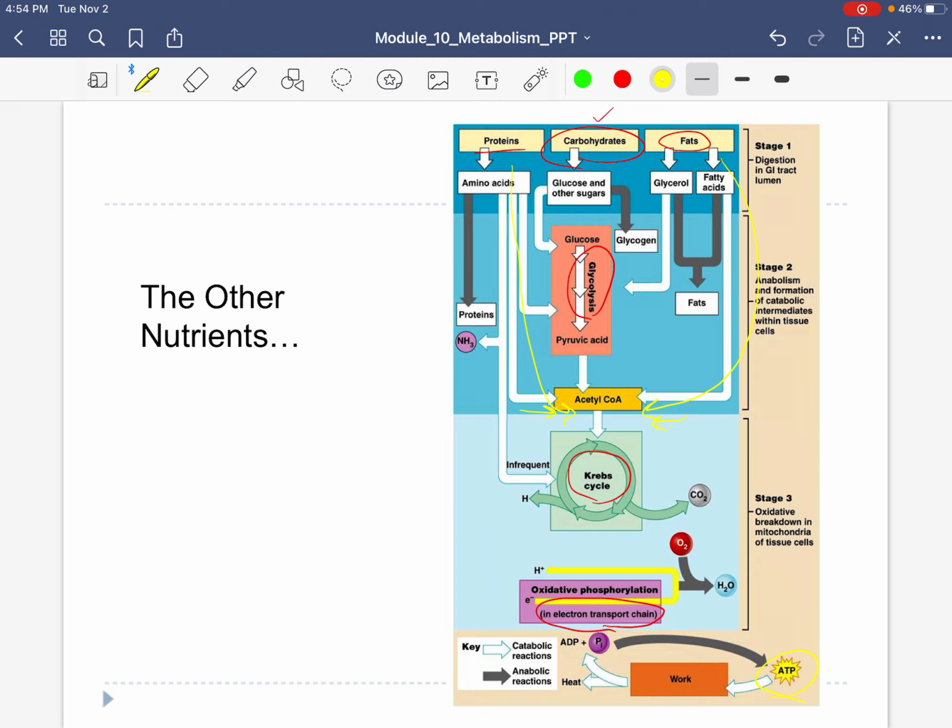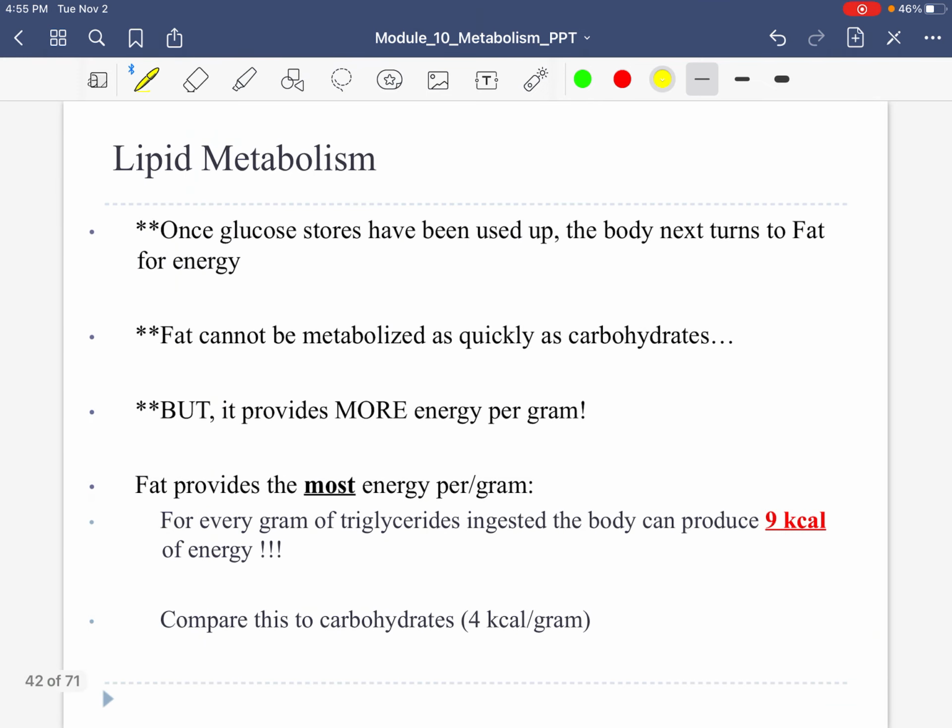But then the end result is the same. So it's basically the same remaining steps. Fat and protein have their own beginning steps that are needed. In other words, fat and protein have to go through some things to get prepared to go into the Krebs cycle. But once they do, they enter the Krebs cycle just like carbohydrates did, and the rest of the steps happen the same way.